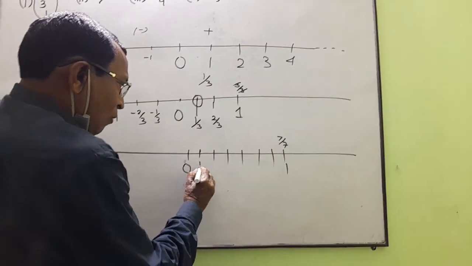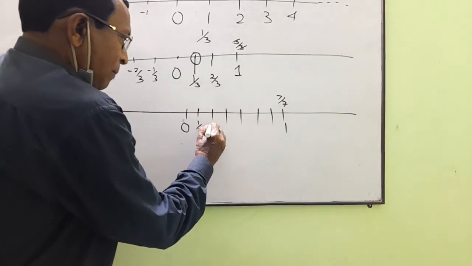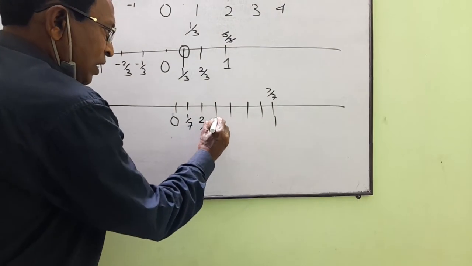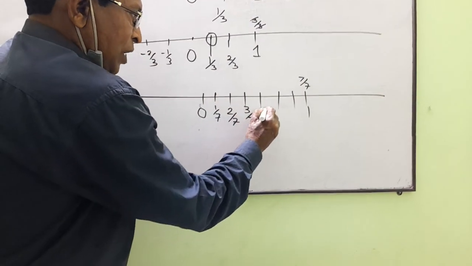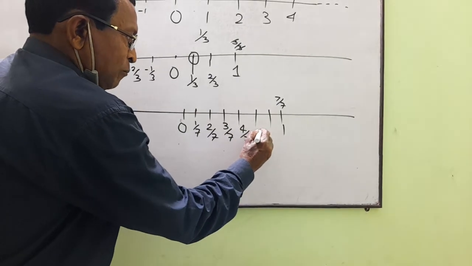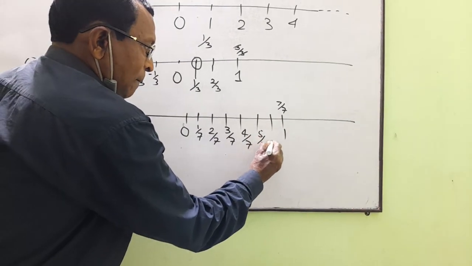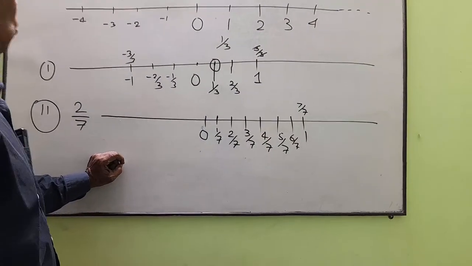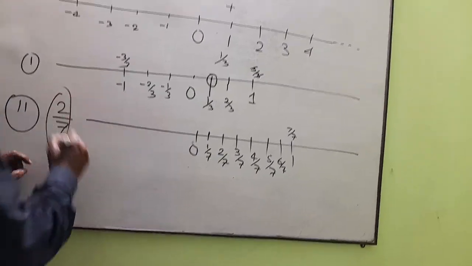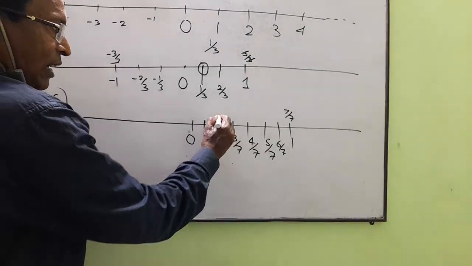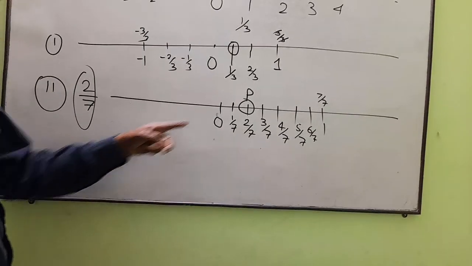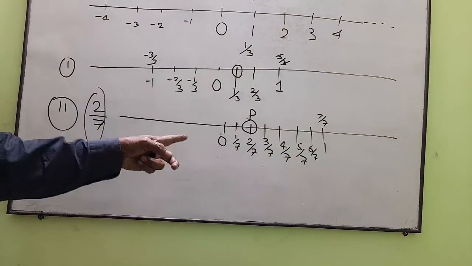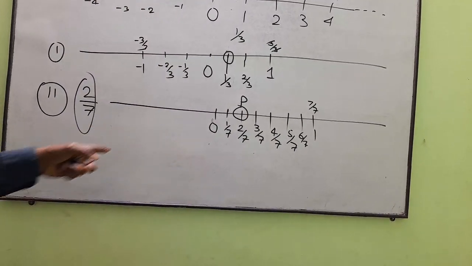So what was asked here? 2 by 7. So this is point P, which represents 2 by 7 on the number line.